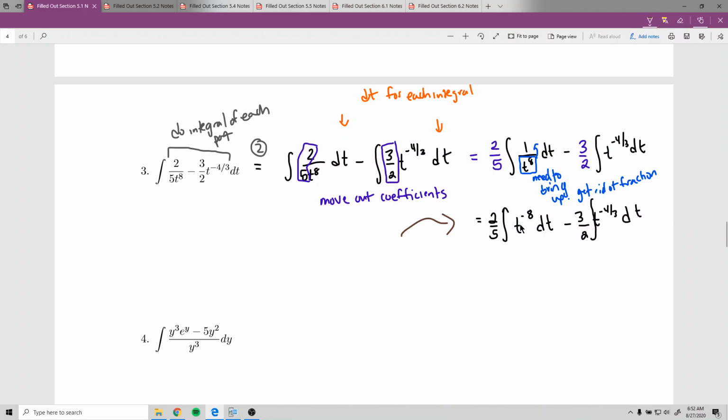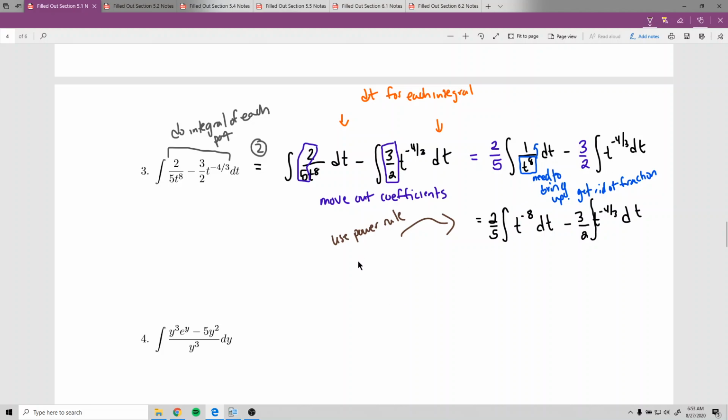The thing to point out here now is that the inside of each integral is just t to a power. Doesn't matter what the power is, it just is in the correct form, so we're going to use the power rule. And you remember the one power that's special is -1, which we do not have.